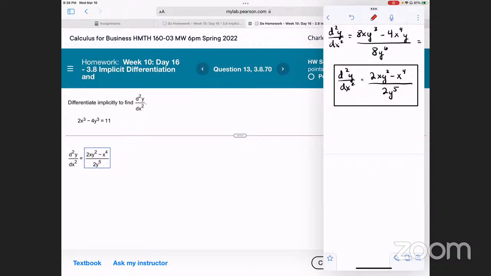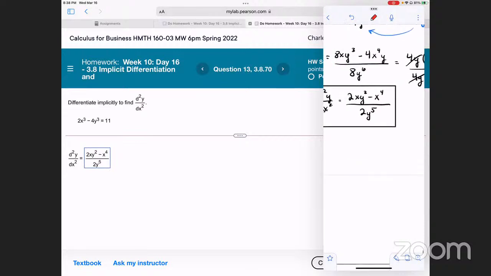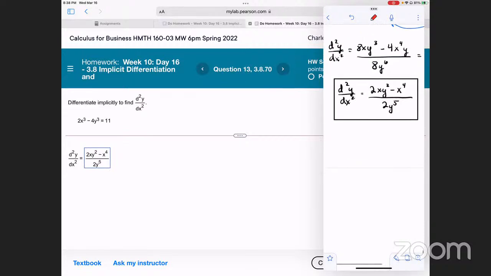Divide by 4. 8 divided by 4 is 2. We factored out 4y, so that becomes a y squared minus x to the 4.